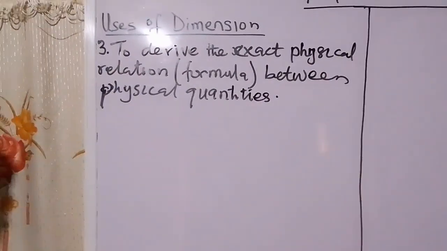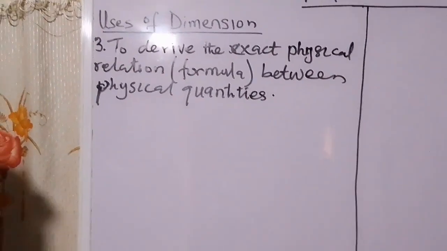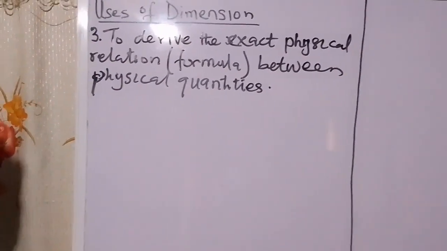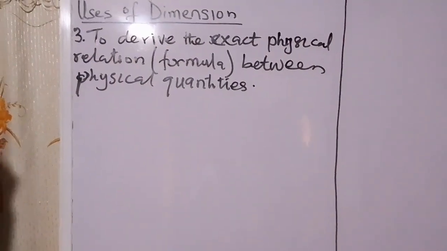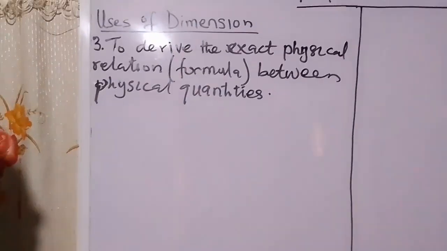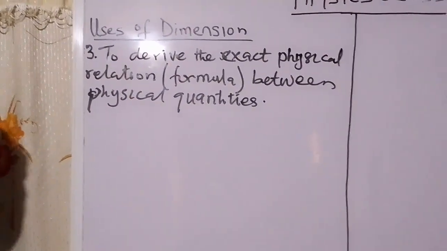That is, how two or more physical quantities can be joined together to form a formula in physics. We use dimension to derive that.